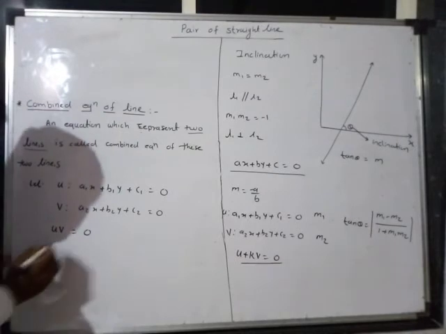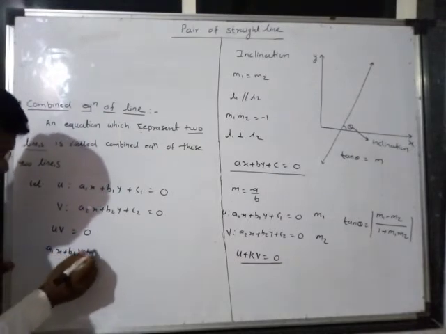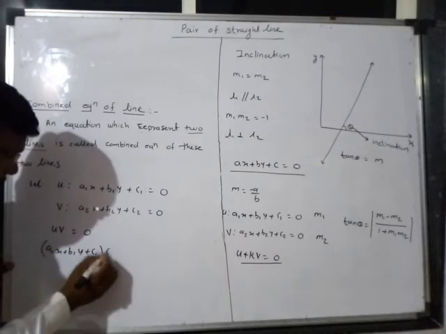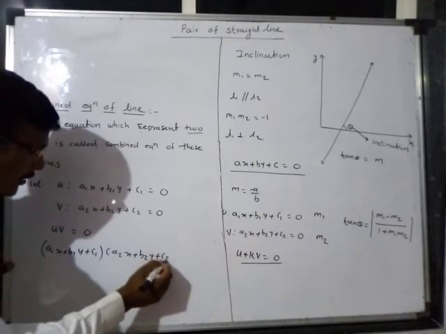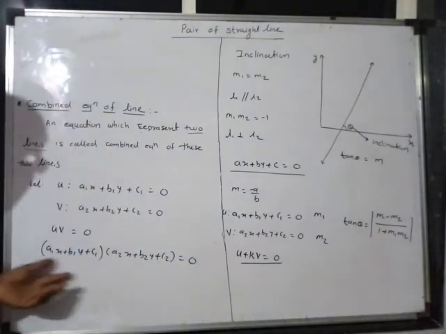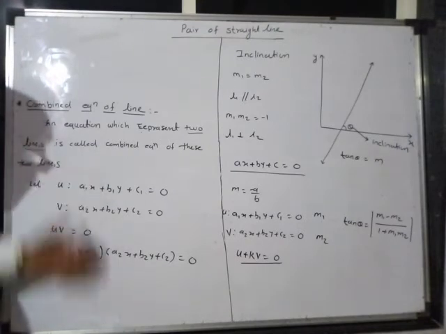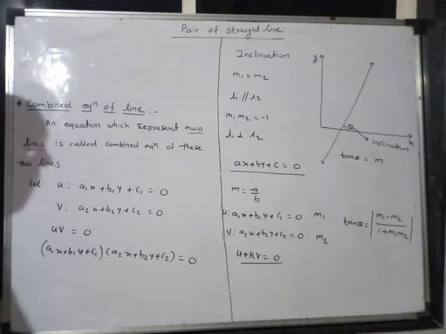That is, a1x plus b1y plus c1 into a2x plus b2y plus c2 is equal to 0. This is the combined equation of the lines, that is u into v is equal to 0. Okay.